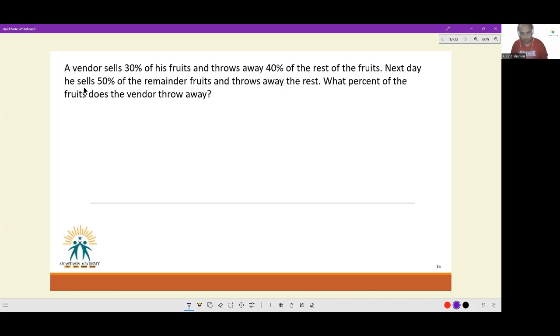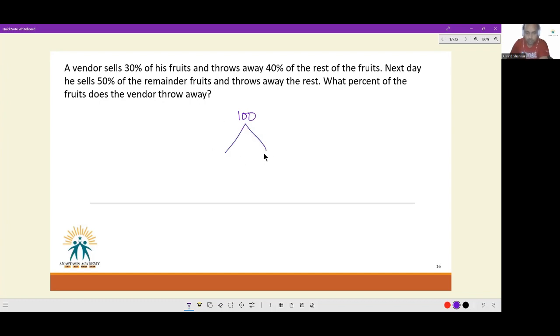Okay. A vendor sells 30% of his fruits and throws away 40% of the rest of the fruits. Next day, he sells 50% of the remainder fruits and throws away the rest. What percent of fruits does the vendor throw away? Okay. Let's say our vendor had 100 fruits initially.